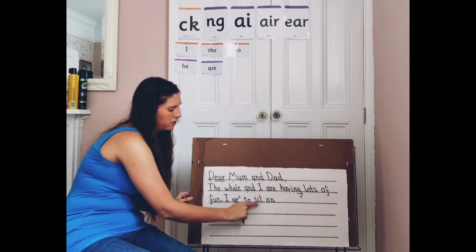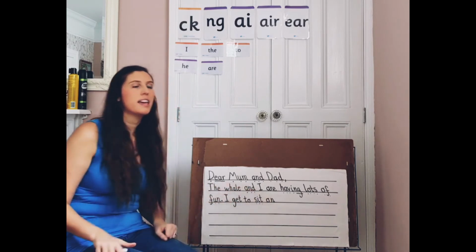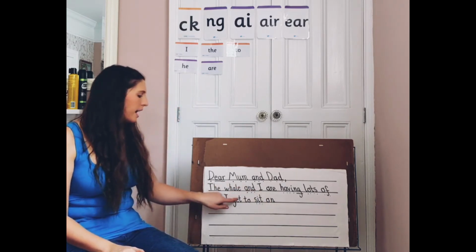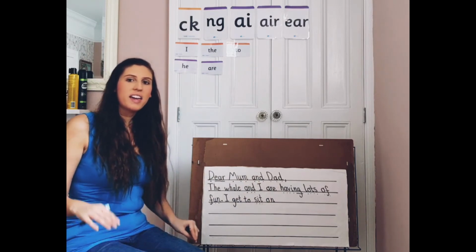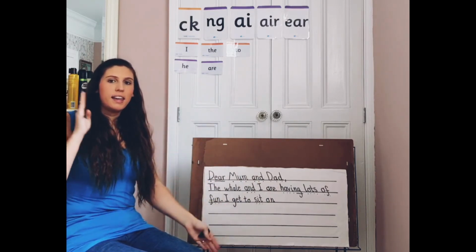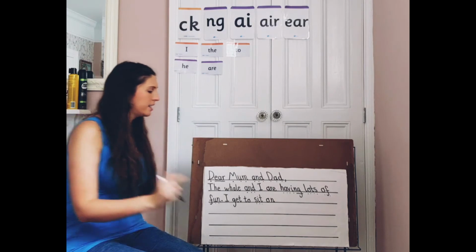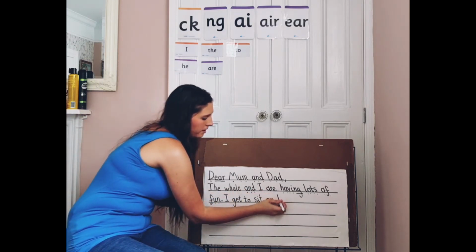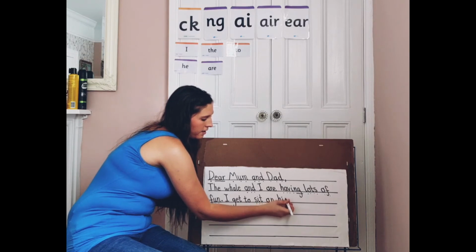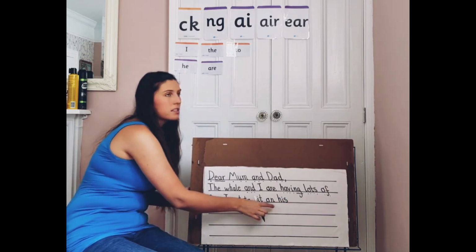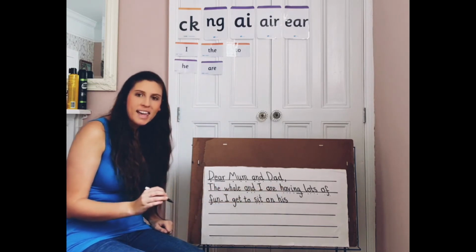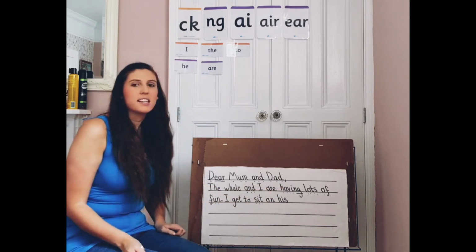I get to sit on his tail. I get to sit on his. Okay, so let's sound out his. There we go. I get to sit on his tail. He sits on his tail, doesn't he, in the story?